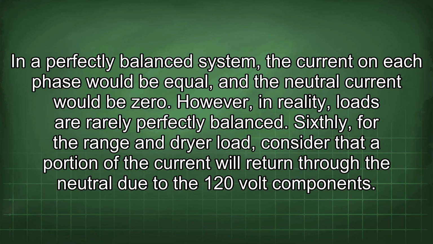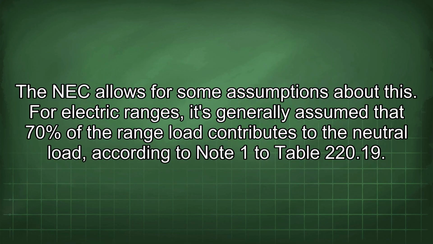Sixthly, for the range and dryer load, consider that a portion of the current will return through the neutral due to the 120 volt component. The NEC allows for some assumptions about this. For electric ranges, it's generally assumed that 70% of the range load contributes to the neutral load, according to Note 1 to Table 220.19.